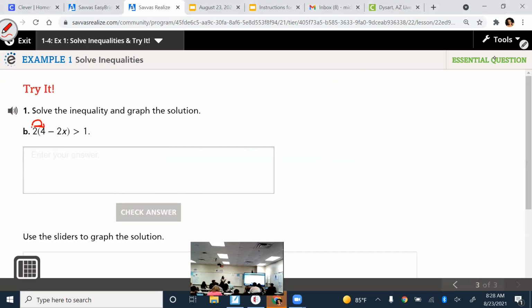What did you get when you distributed? Good, greater than 1. What do I get rid of first? And I get rid of it by doing that on each side. On the left side, we have negative 4x. Do I need to flip the sign right now? All right, not right now. What's 1 minus 8?